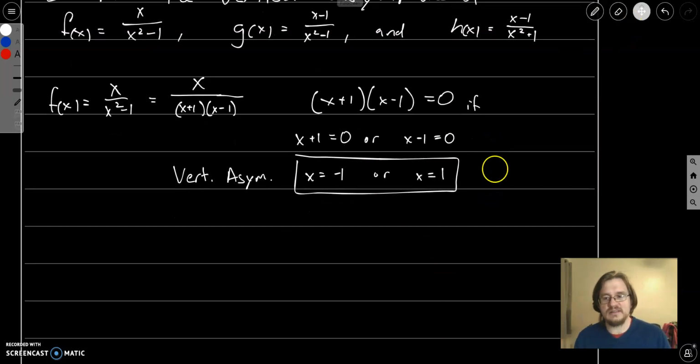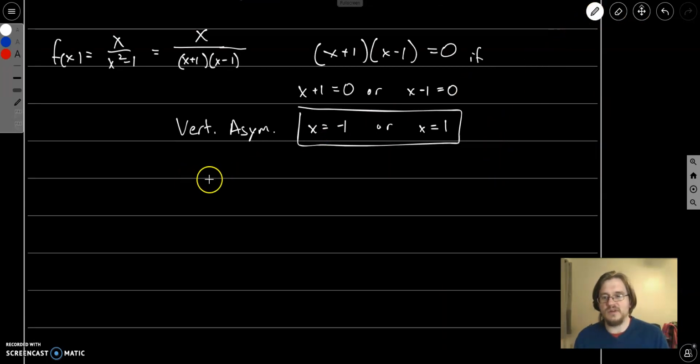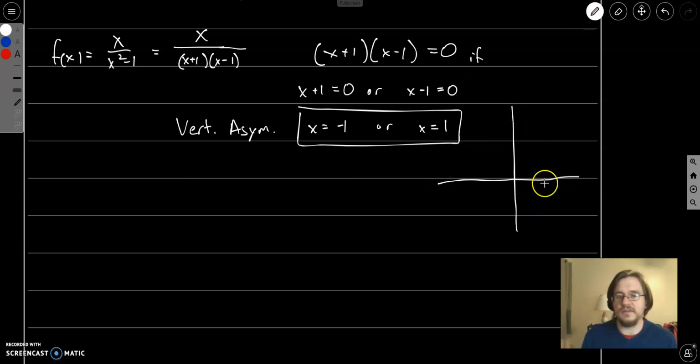And we can see this if we were to graph this function. This function would look something like, if x is bigger than 1, we will be coming up. We have 1 there. If we are between, we'll do something like this.